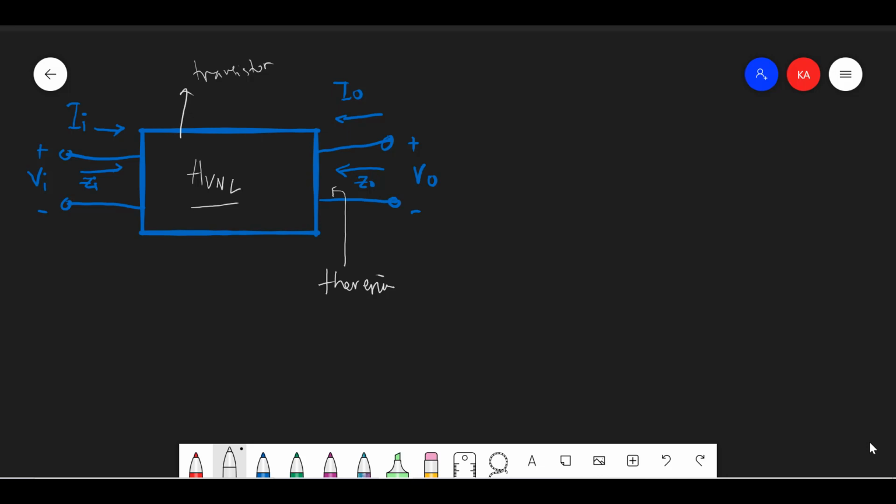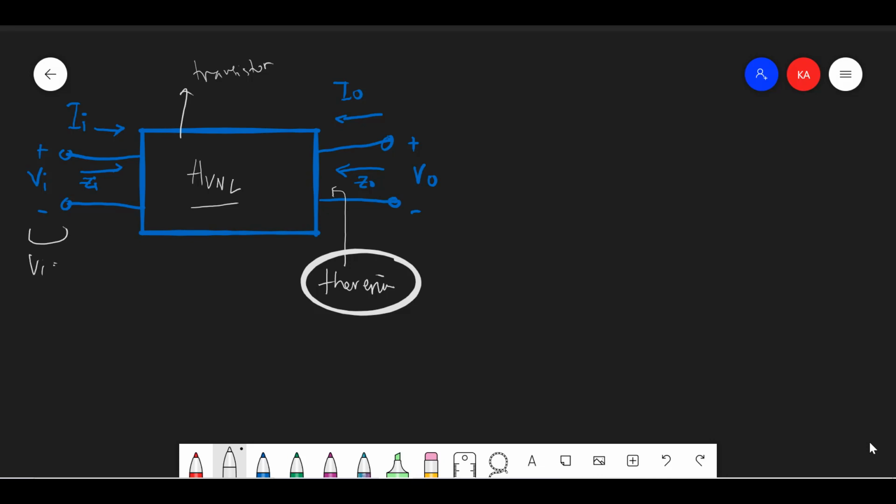So if we take a Thevenin look at the output terminal, and I suppose you already know about the two-port system in electric circuits, we find that Vi, the input, is set to 0.